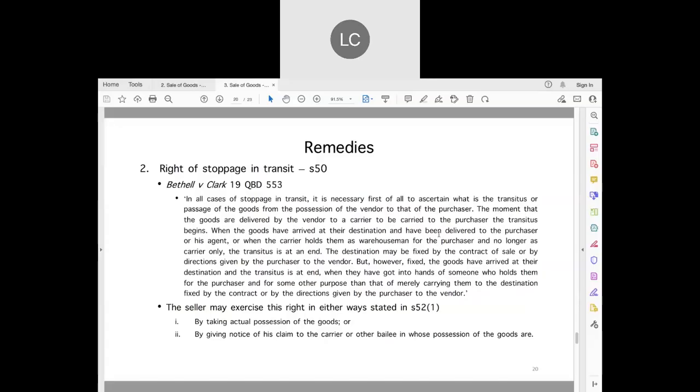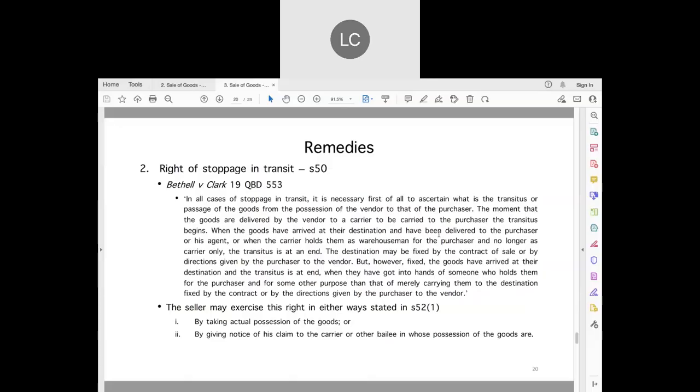And it is not the duty of the carrier to investigate the justification in stopping the goods, because section 52 sub 2 requires the carrier to deliver the goods according to the directions of the seller. And of course, the expenses will be borne by the seller.